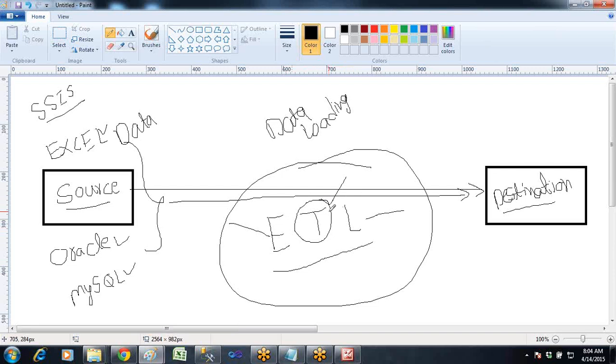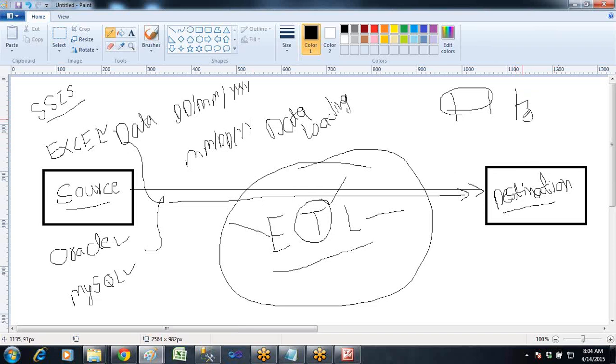Transform is nothing but one form to another form. Let us say, for example, the data is like this: DD, MM, YY. I told you there are three sources: 1, 2, 3. For the first two sources, the data is coming like this: MM, DD, YY.